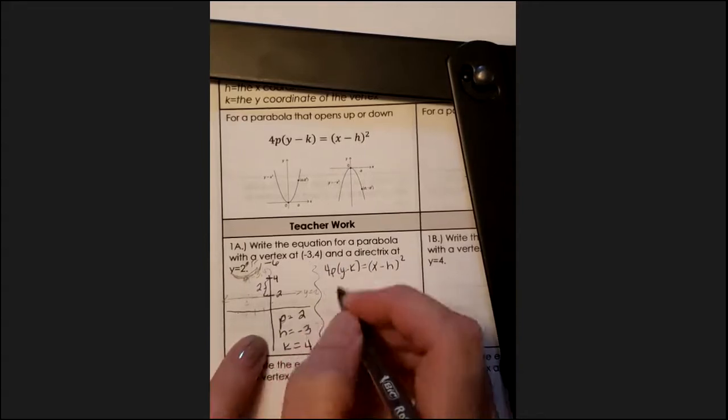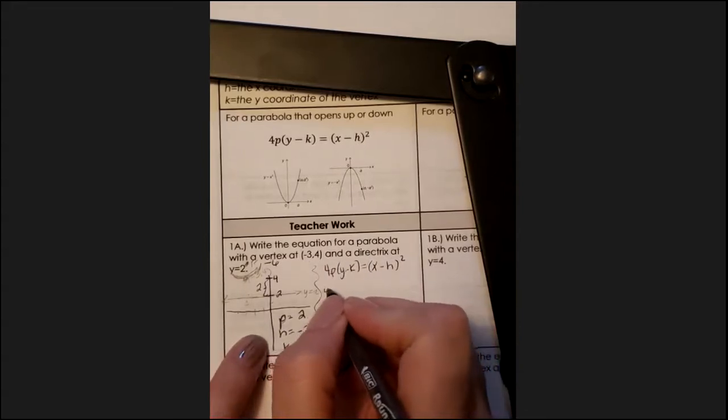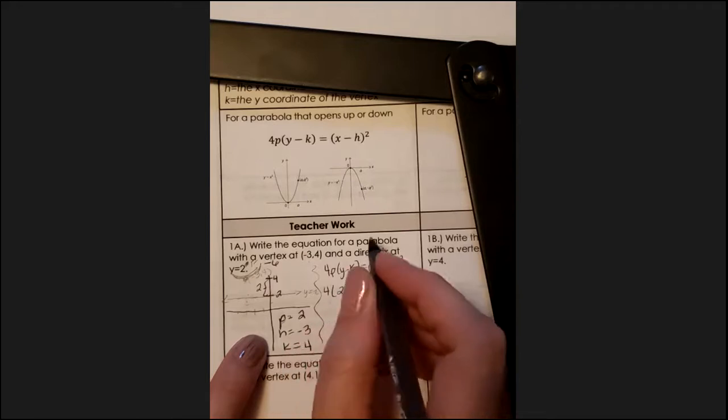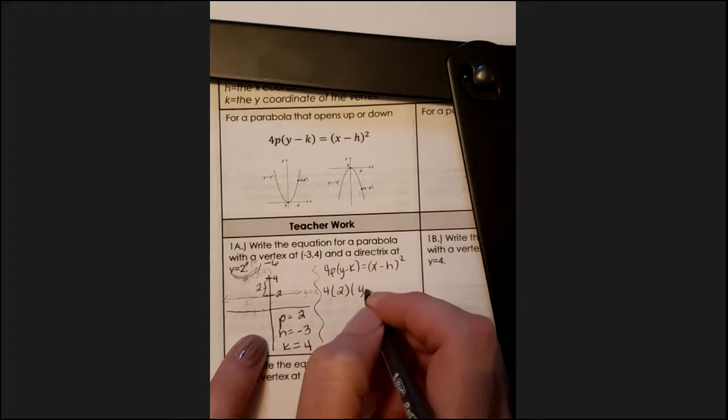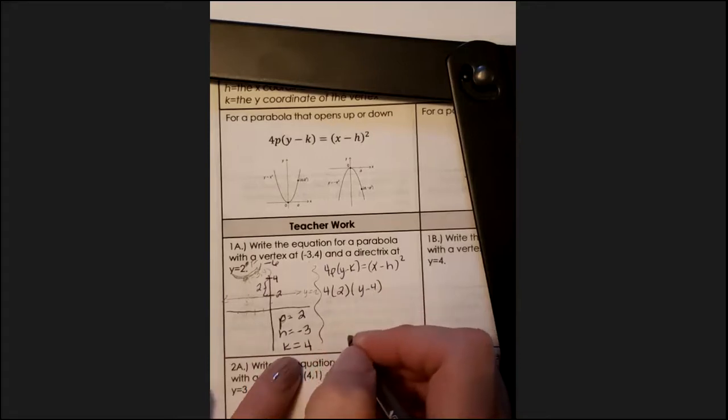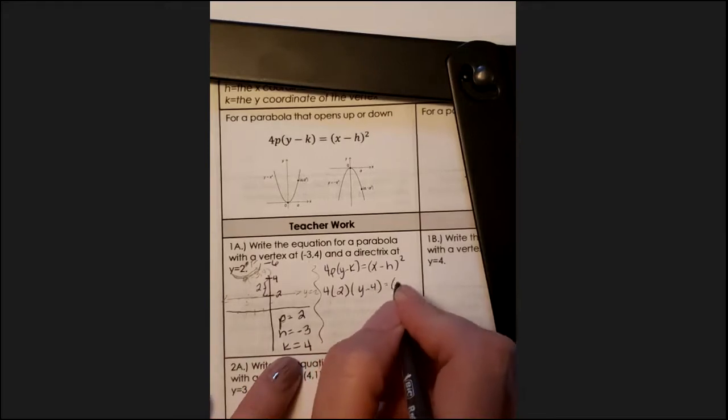And then I'll substitute in each of my values that I know. So 4 times 2 times y minus 4, there's my k, equals x minus negative 3.